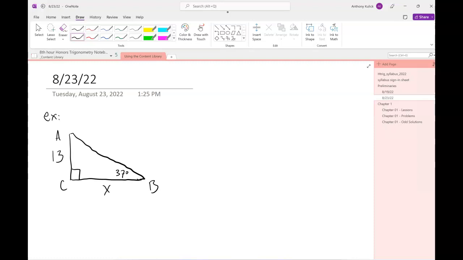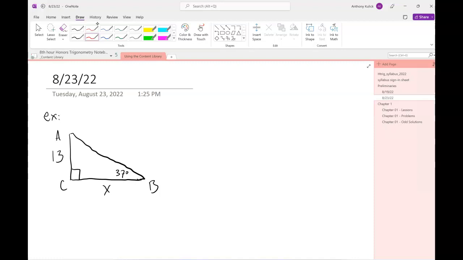If we're just solving for x, we have a right triangle where angle B is 37 degrees, side AC is 13, and side CB is x. What do I need to use to solve something like this? Yeah, I need to use SOHCAHTOA, specifically tangent.